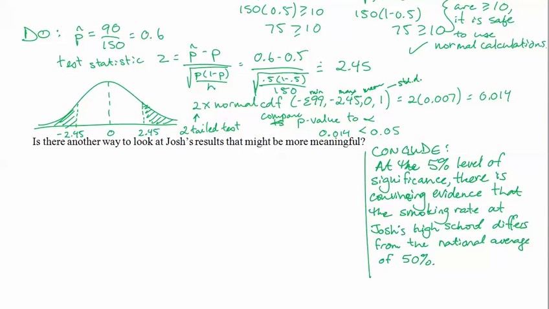All right. Now, is there another way to look at Josh's results that might be more meaningful? Now that we know that Josh's school probably does not match the 50% national average, what might the proportion be in Josh's school?